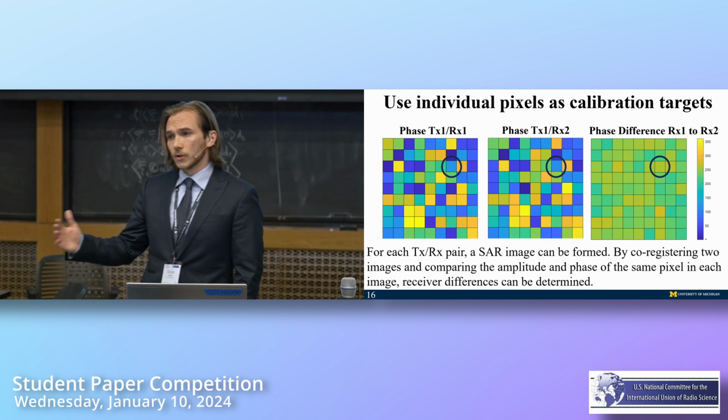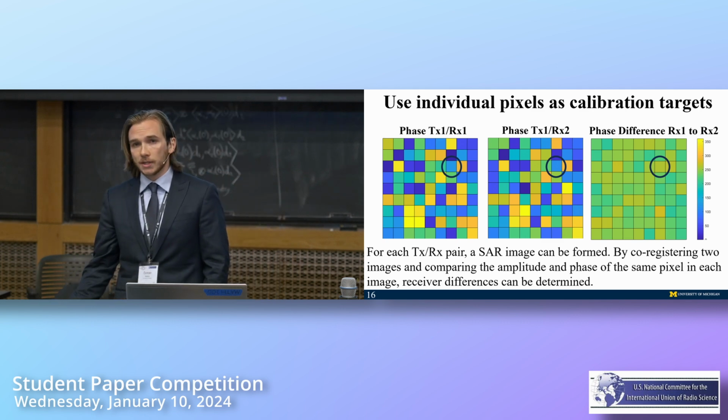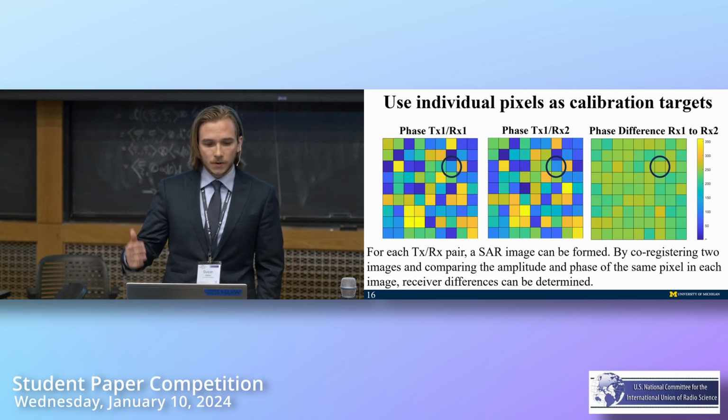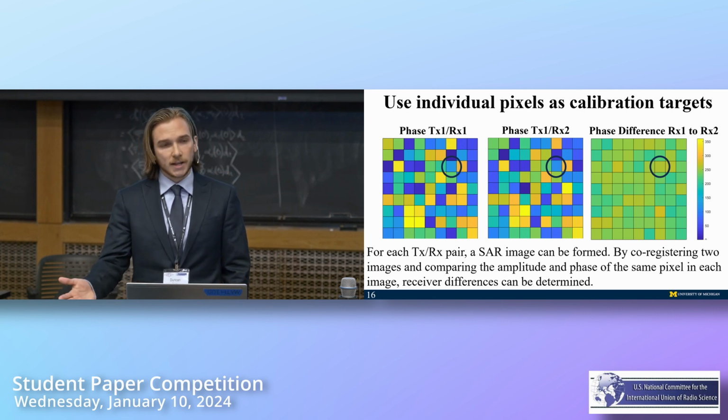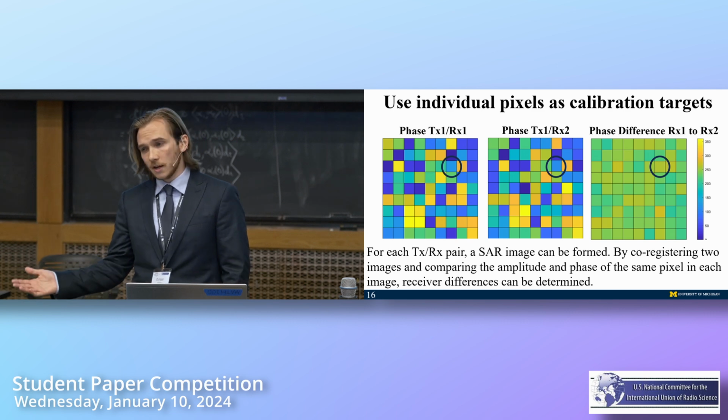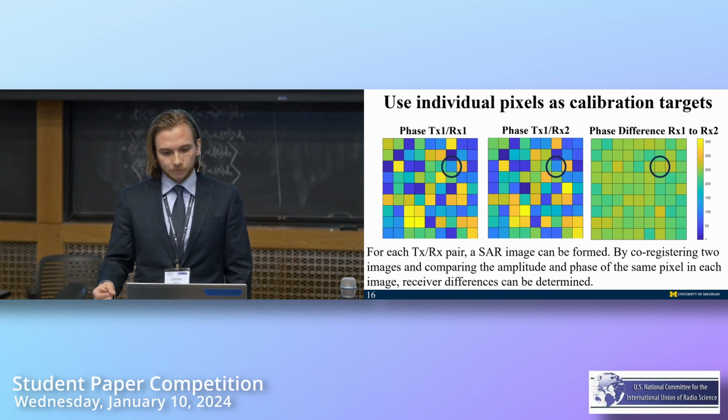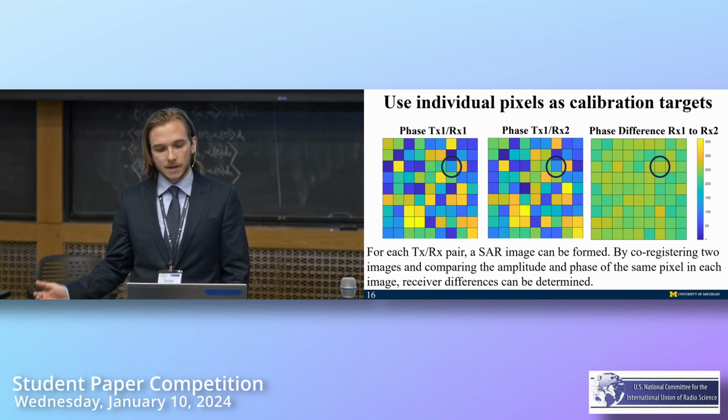So that was for a general target. How would you use a SAR image? Again, consider a case where you transmit from, we'll call it antenna 1, and you receive at antenna 1, and you form your image from that data, and then you do the same thing. You receive at antenna 2, and again, you form an image.